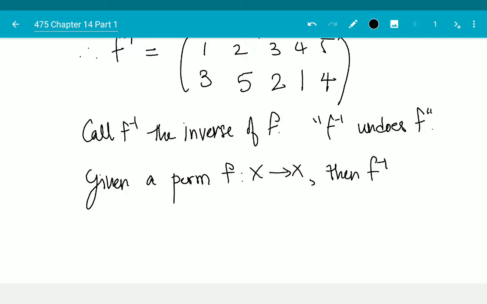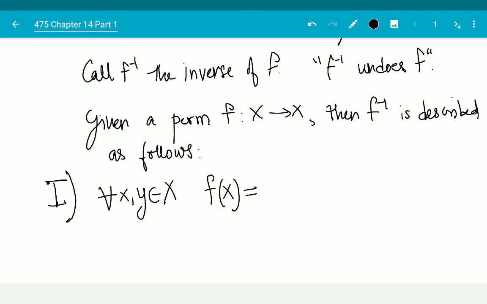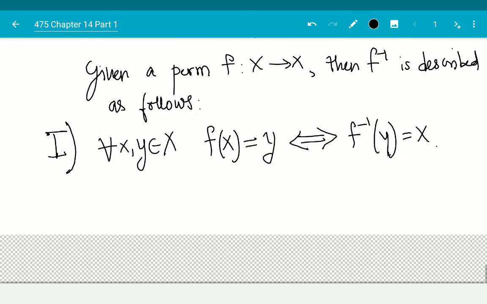View 1: for every x, y in X, f of x is equal to y if and only if f inverse of y is equal to x.